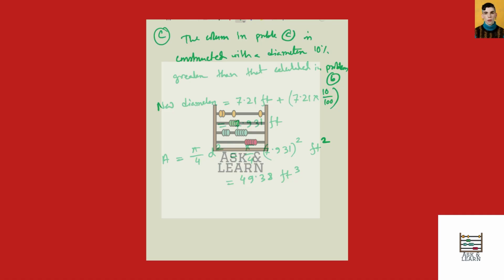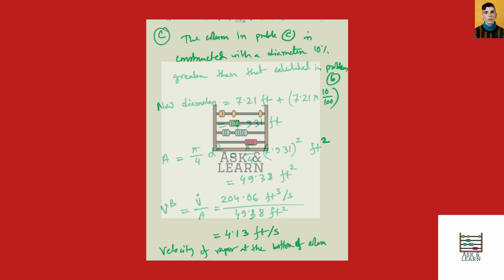Therefore, the velocity of the vapor at the bottom of the column is 4.13 feet per second.